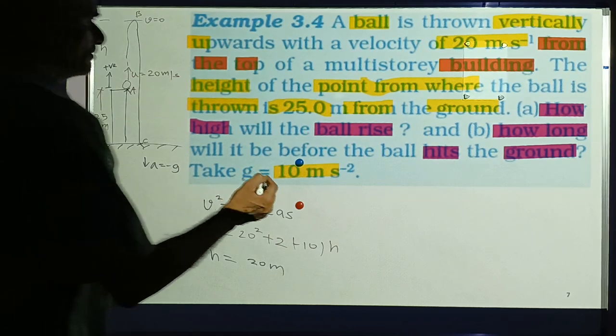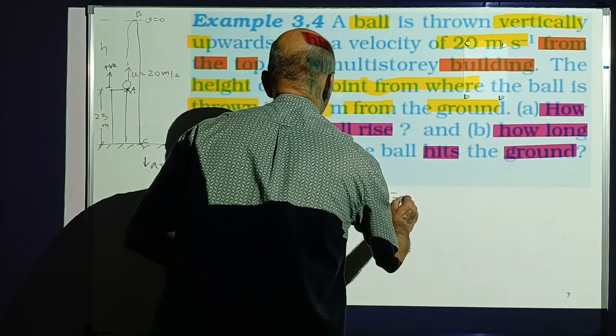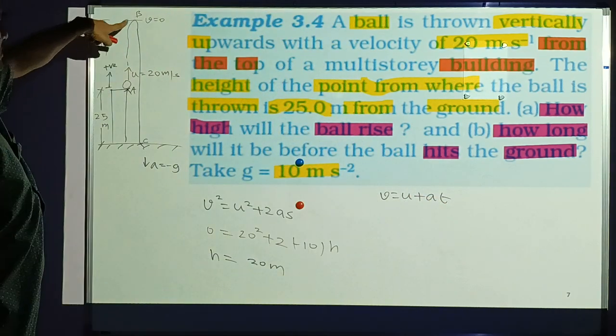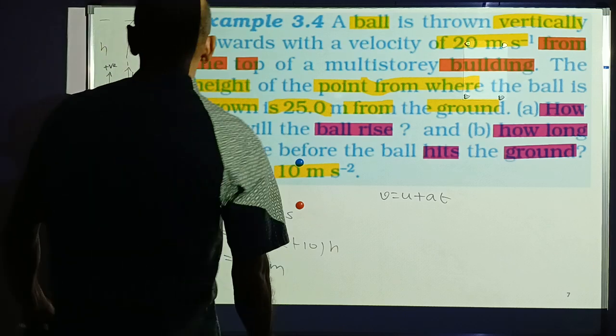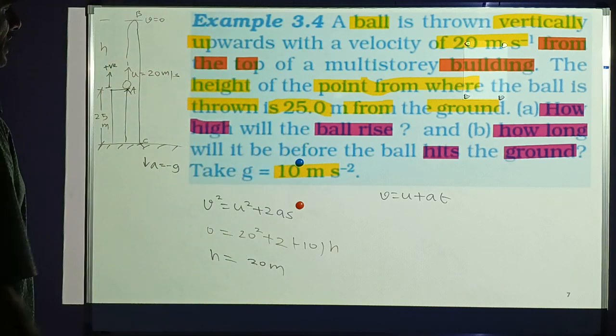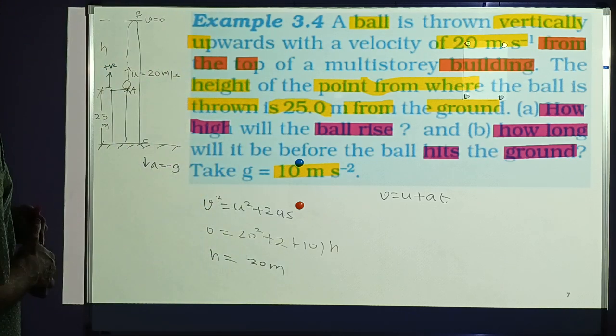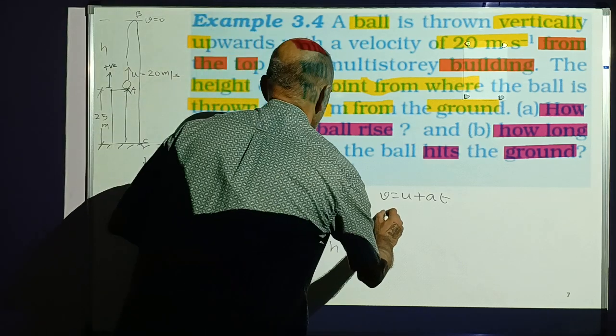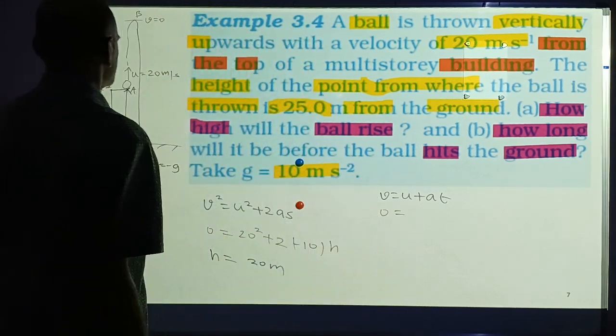That we can find using v equal to u plus at, because v is known between these 2 points, between A and B. V is 0, u is known, acceleration is known. From that I can find the time to go from A to B. So v is 0 at point B, and the initial velocity is 20.